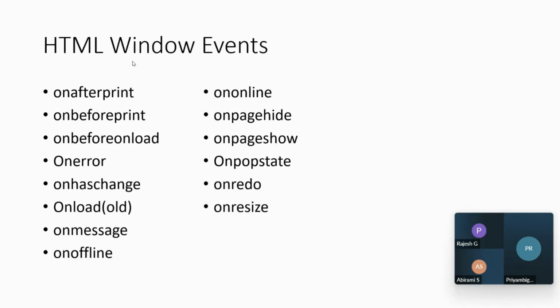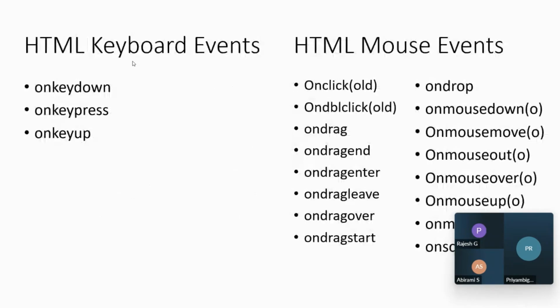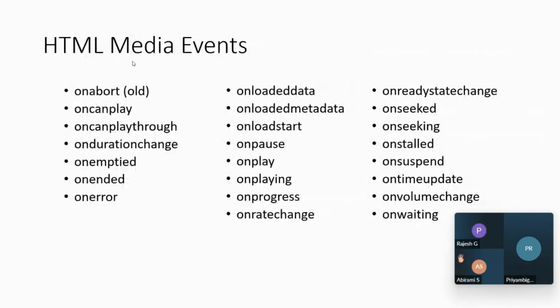Window events are with reference to the OS. Form events are with reference to the form data. Keyboard events are with reference to keyboard typing. Mouse events are with reference to mouse movement, trackpad, all that comes under mouse events. Media events come under players, MP3 player, media player.